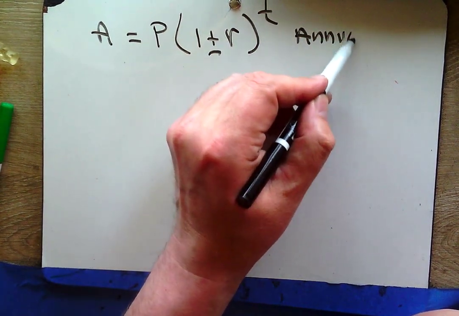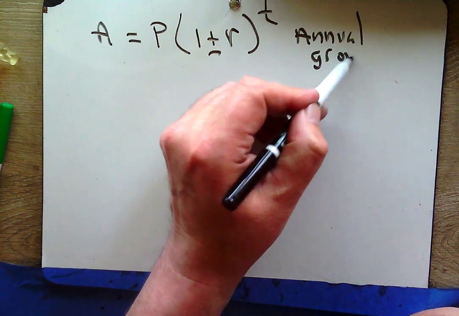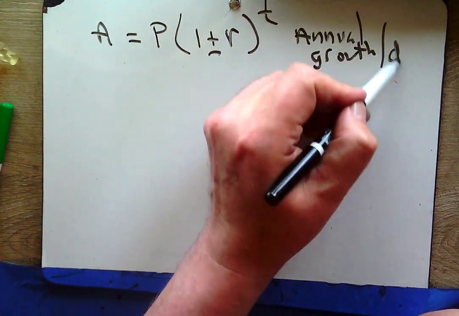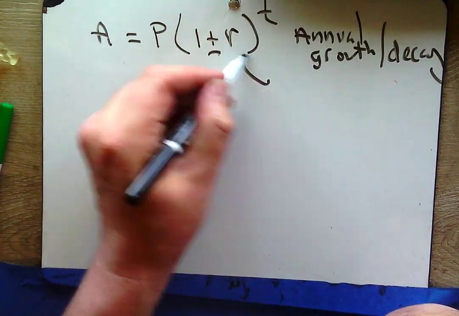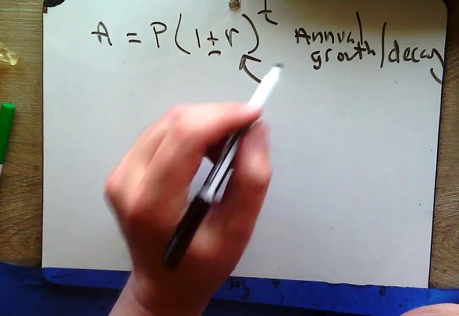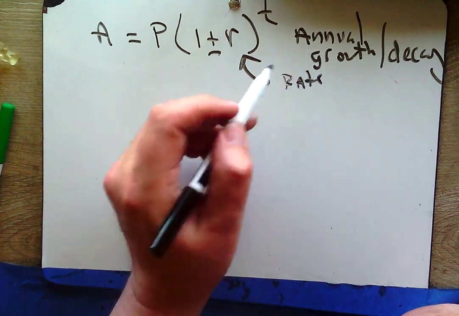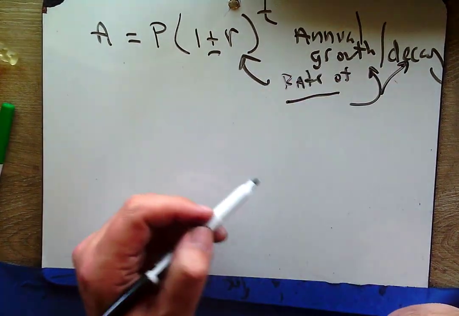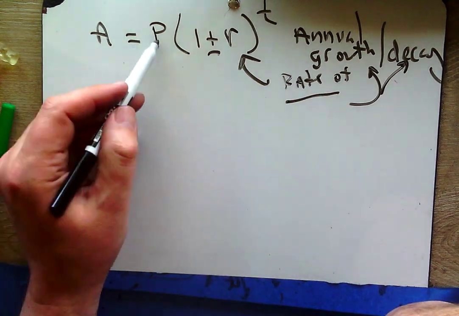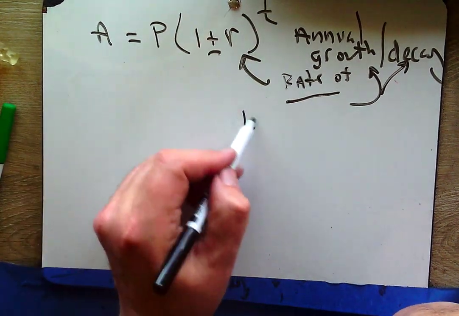It's annual growth or decay. R is our rate of growth or decay. And so, yeah, let's just finish the letters. T is time.